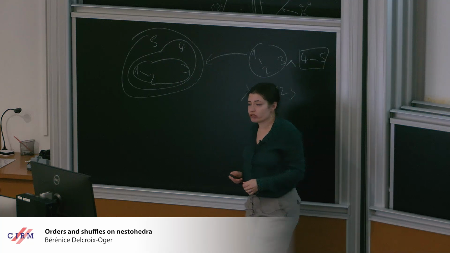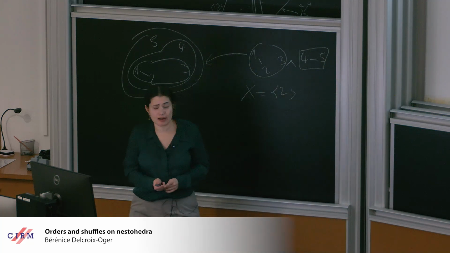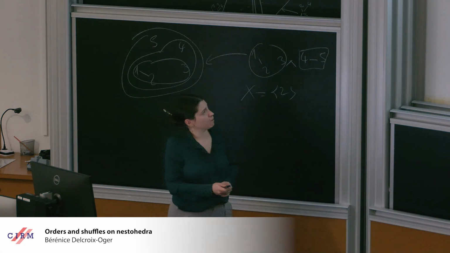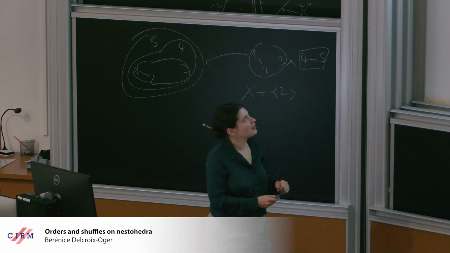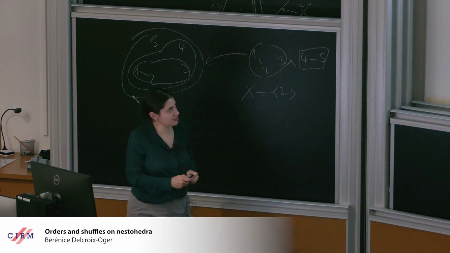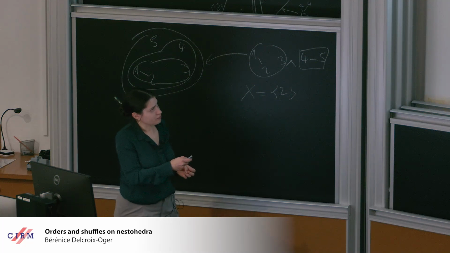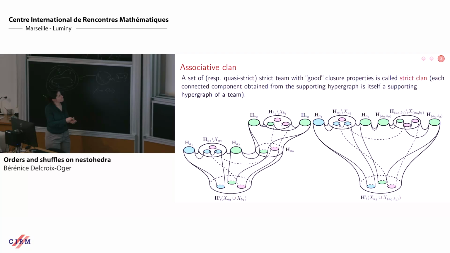So we have introduced shuffle products for these hypergraphs. In fact, we have introduced tridendriform products, but these give shuffle products for these graphs. And when do we have an associative product? We still have a condition on the hypergraphs of the family.